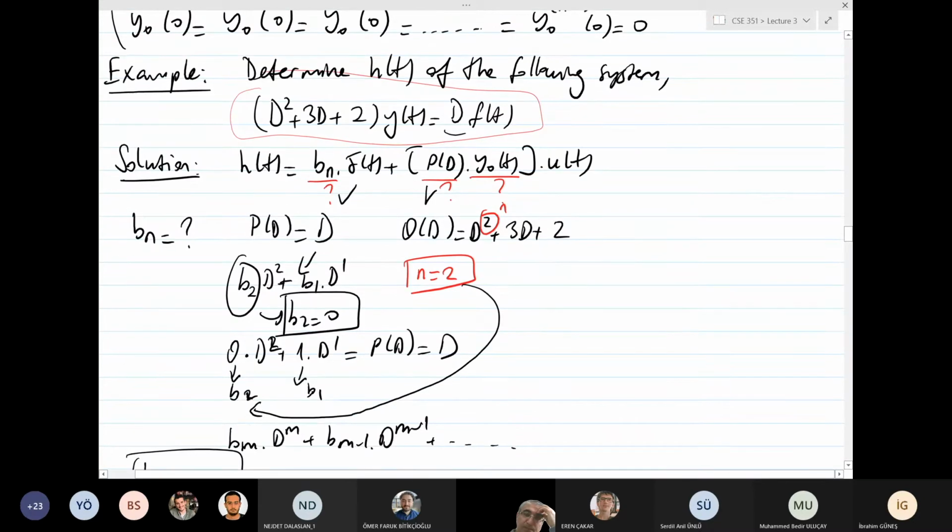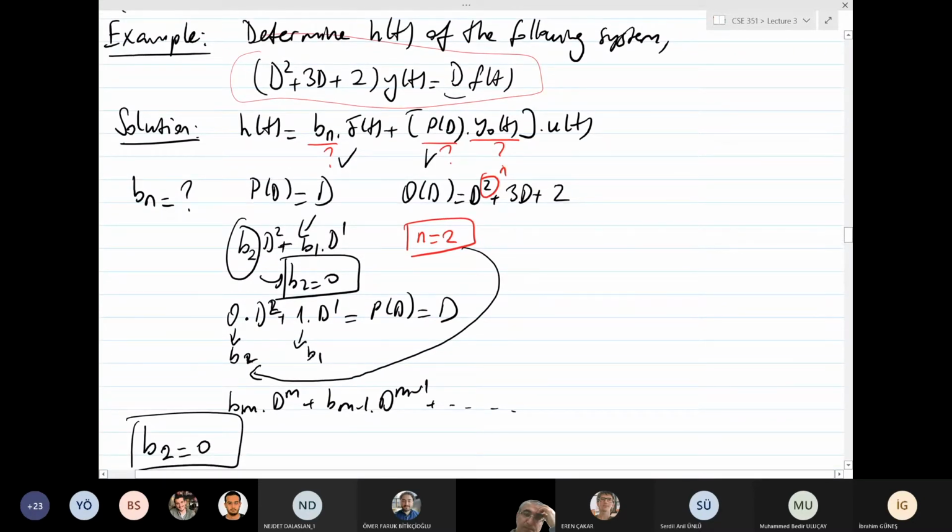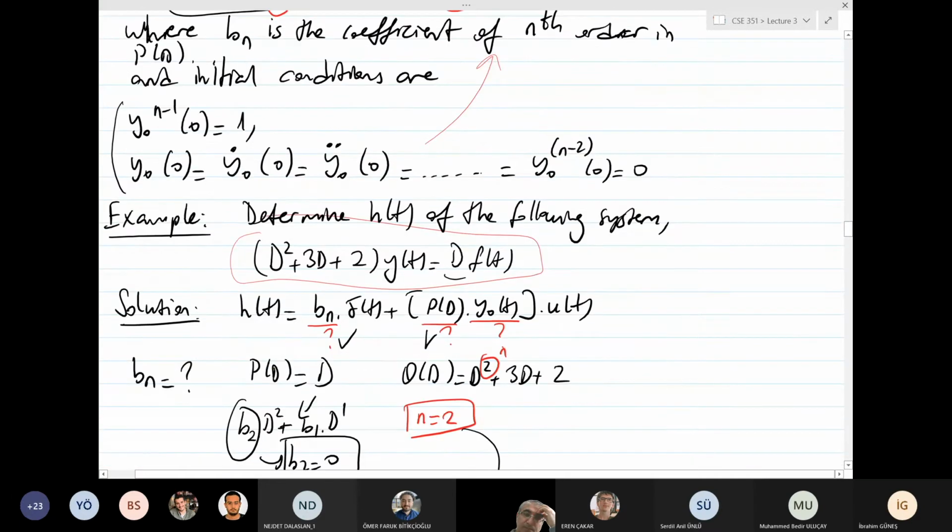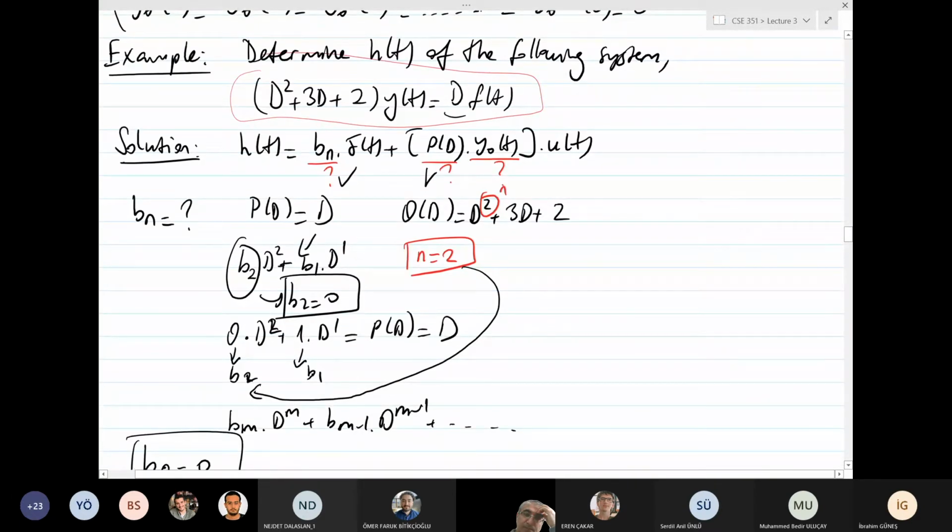Okay, so the solution: we are going to use this equation. H of t is equal to Bn times delta of t plus P of D times y0 of t, where y0 of t is the zero input response, times u of t.